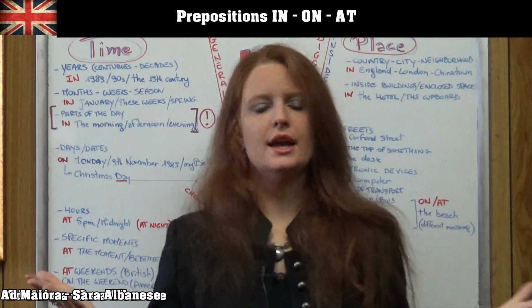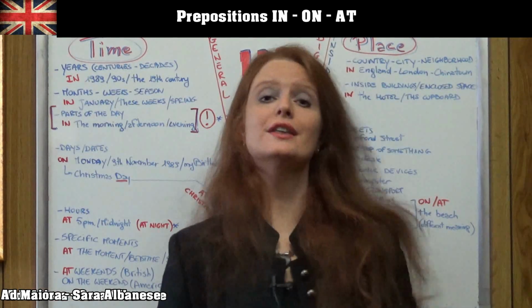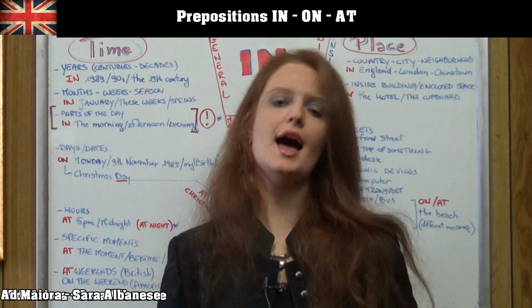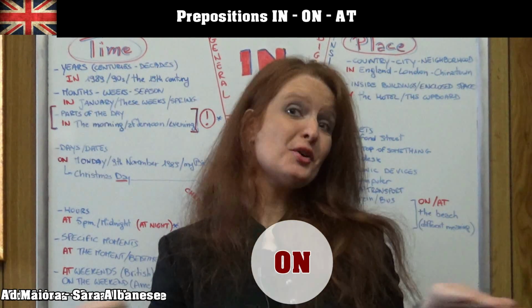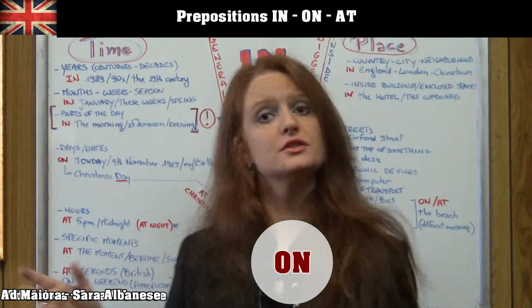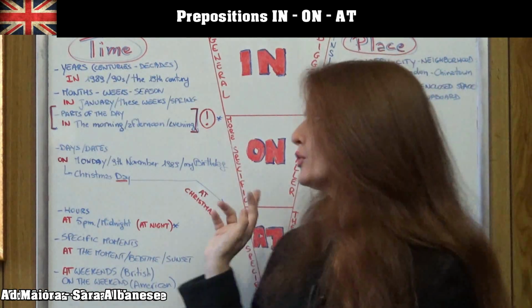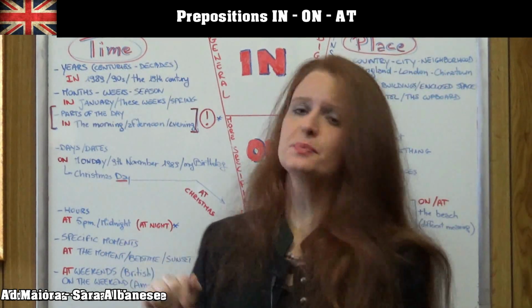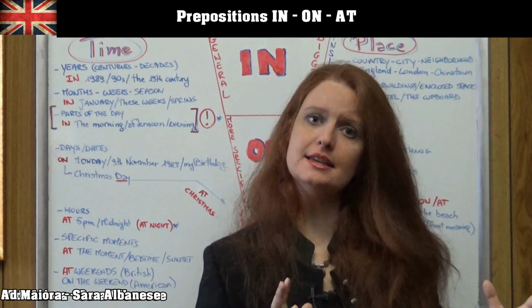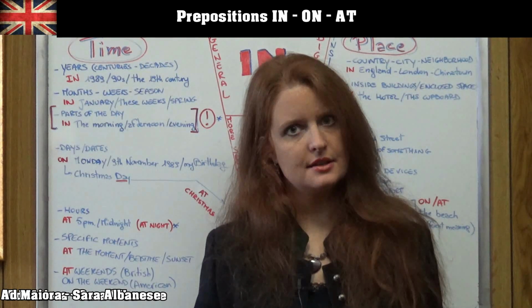Now, we go on with the second preposition, and it is the preposition on. So the preposition on is used, as I said before, for more specific periods of time. So, especially I'm talking about days and dates.